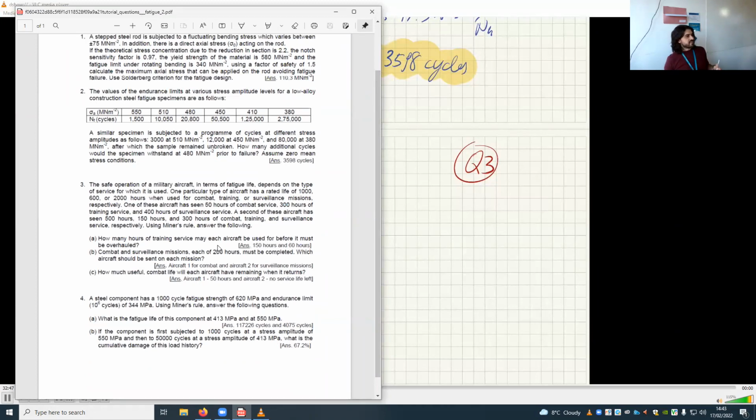Now, if you use this aircraft for 1,000 hours of combat... Training is apparently more damaging than combat. I wouldn't have said so, but apparently we have 1,000 hours for combat, 600 hours for training, and 2,000 hours for surveillance operations.